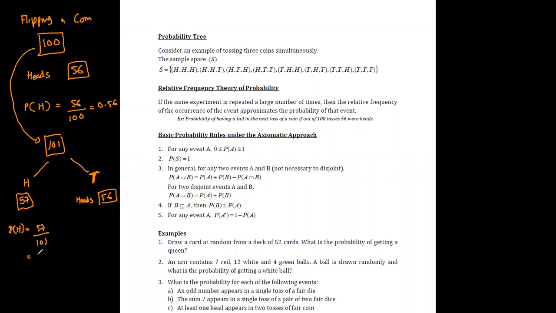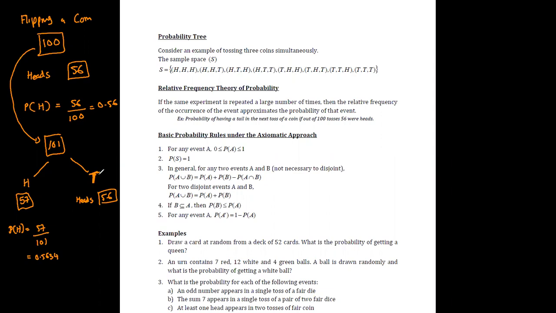Here also we are getting a value near 0.5634. Now you can see that obtaining another head has not affected this probability value much. Since we have repeated the experiment a large number of times, this value has gone toward a limiting value.